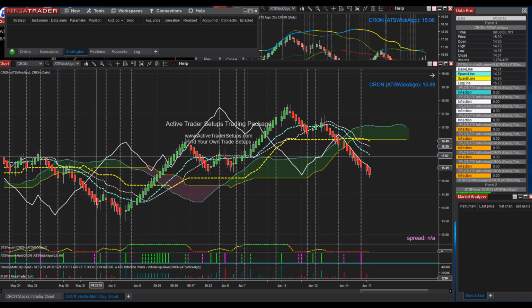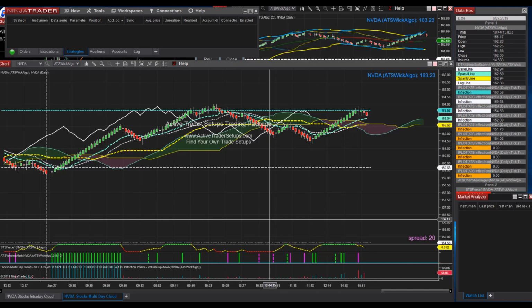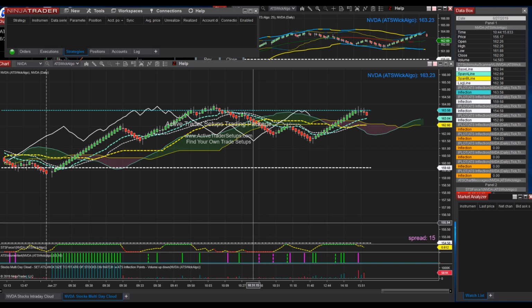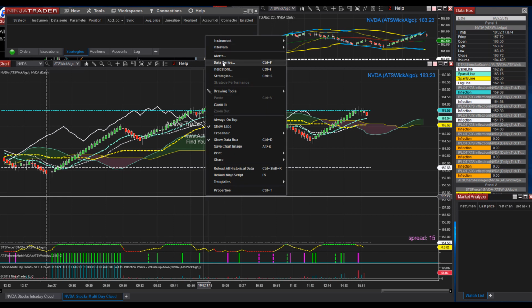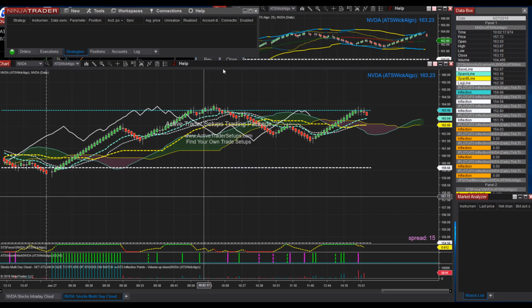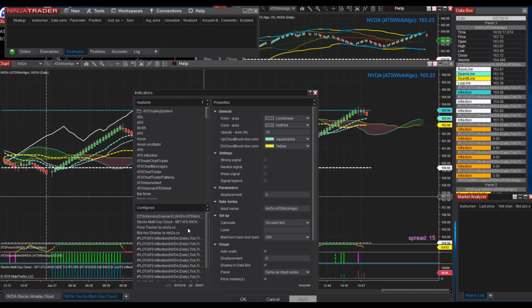Now we're going to take a different look. I changed symbols to NVDA just for a moment. I'm going to do something on a chart, and I want you to load a bigger ATR stock. I'll show you a way to get a different look. The indicator on this chart that produces the cloud is our DTS Ichimoku Scanner VL.